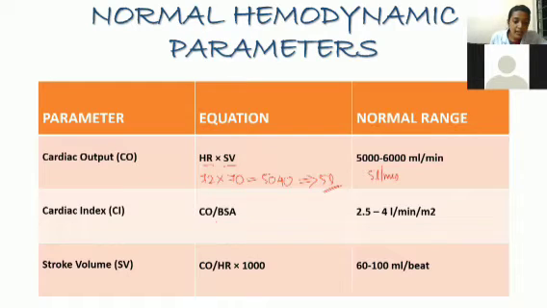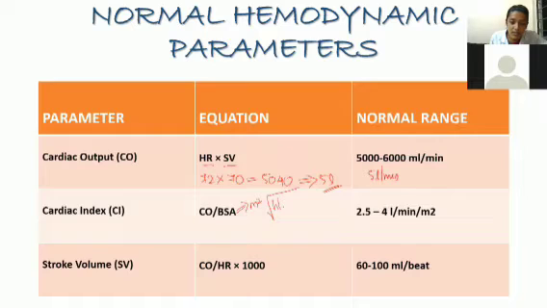Then cardiac index. Cardiac index is cardiac output divided by body surface area. Body surface area we express in meter square. So how do we calculate body surface area?